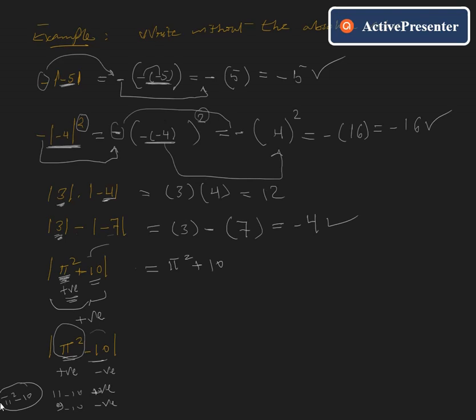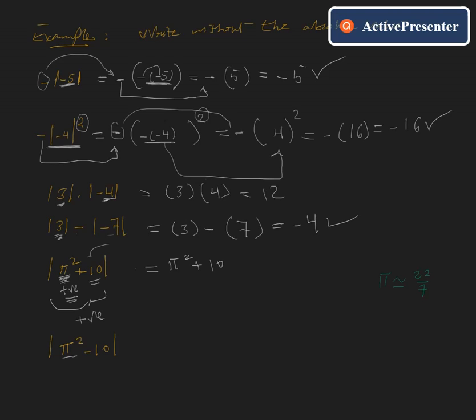Okay, however, we don't know. We know previously that pi is approximately 22 over 7, right?